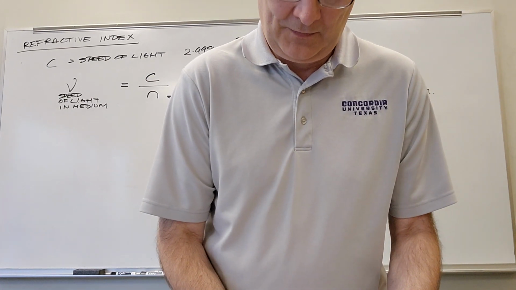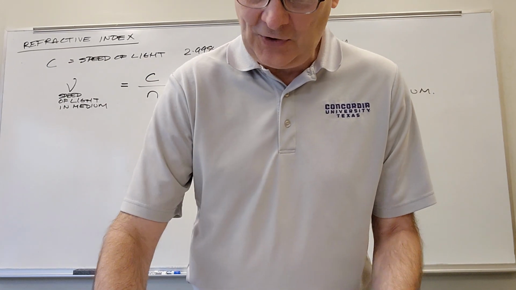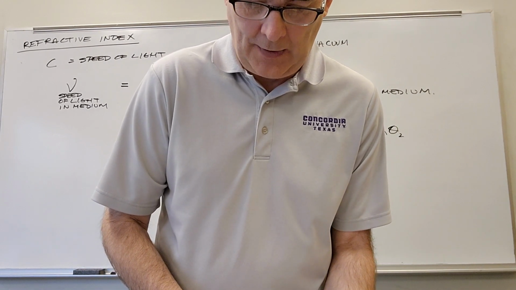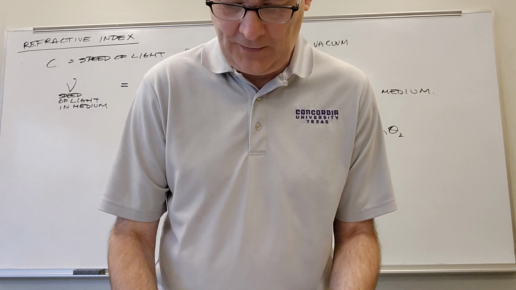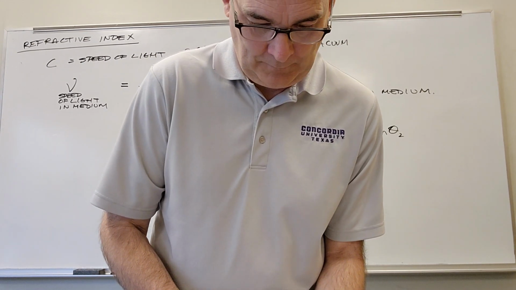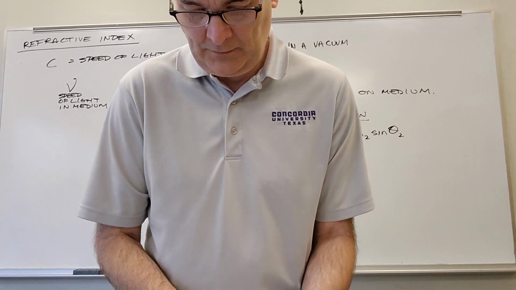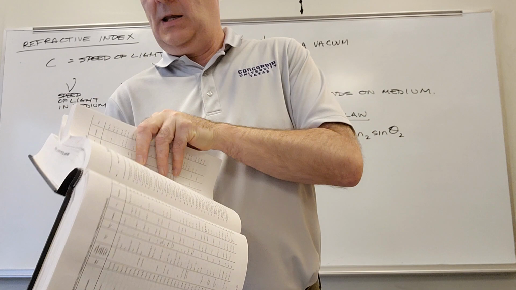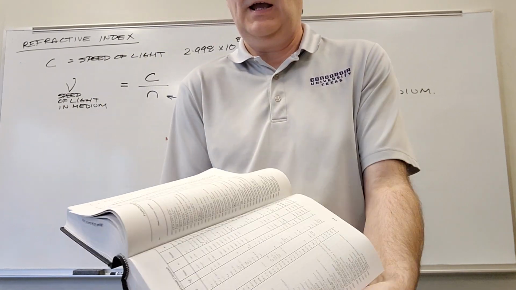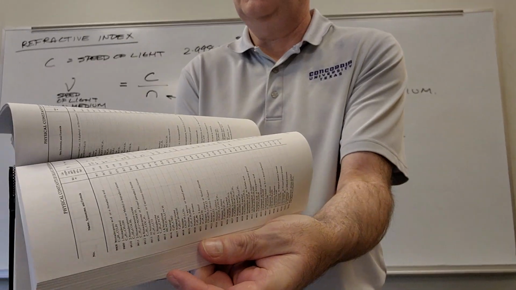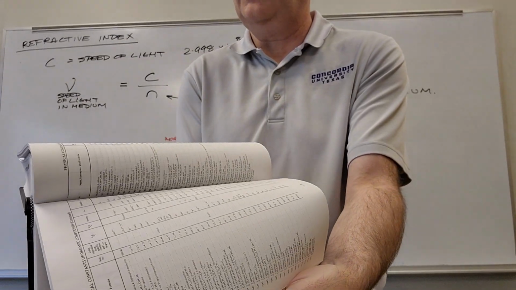Okay. This is only for organic chemicals, the part that I'm going to show you. This many pages. It is every named organic chemical that you can possibly think of.